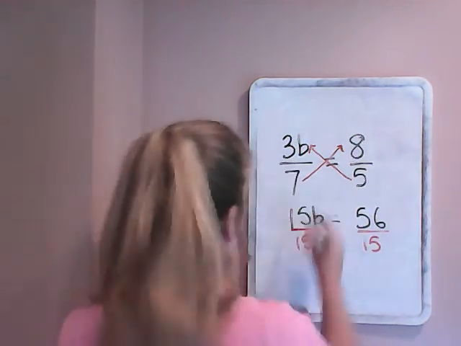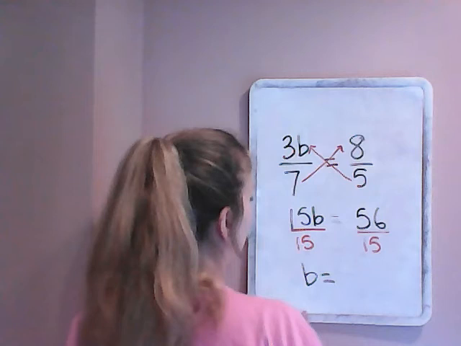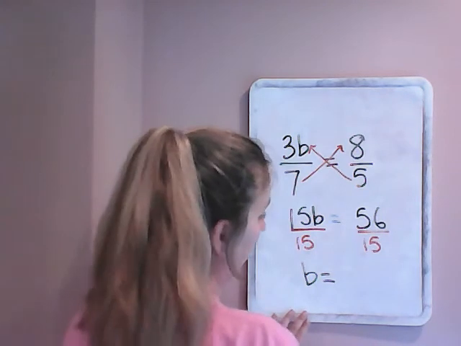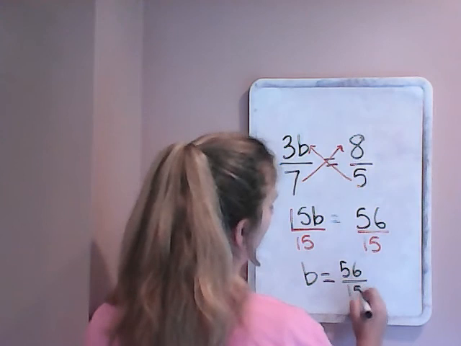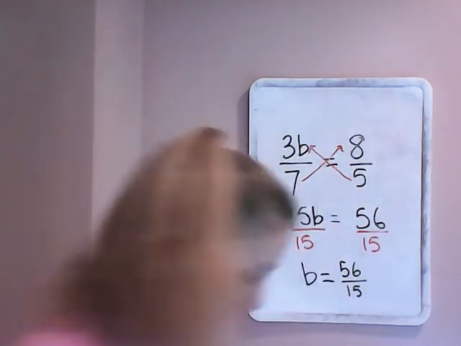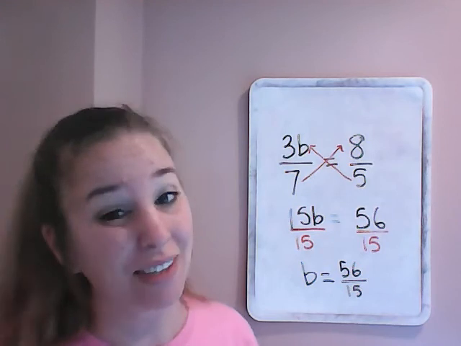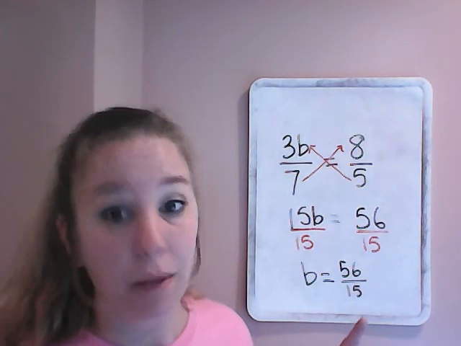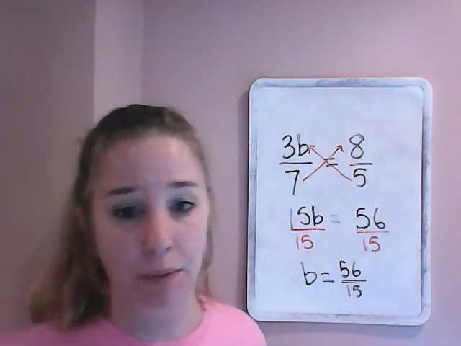Okay, and 15 divided by 15 is gone. That's why we did that. 56 over 15, you can leave it like that. You can convert it into a mixed number, but actually, believe it or not, the higher you go in math, the better it is to leave it like that. But you can do it either way. It will accept both answers.